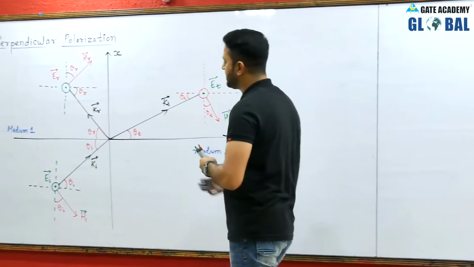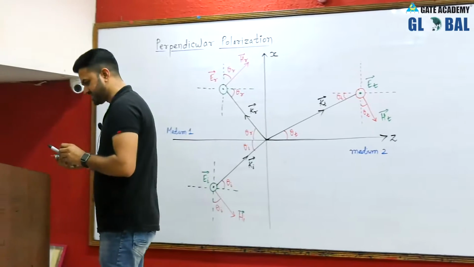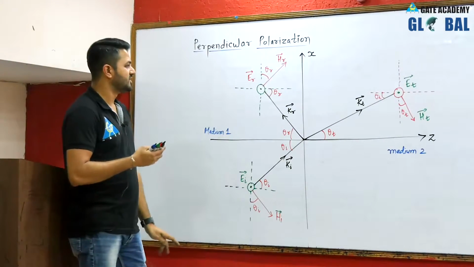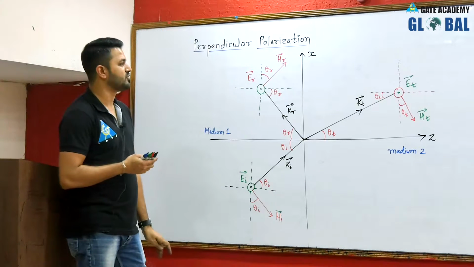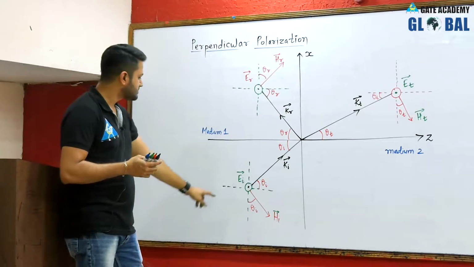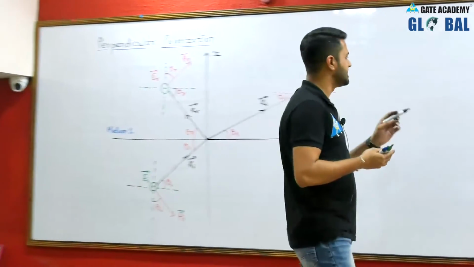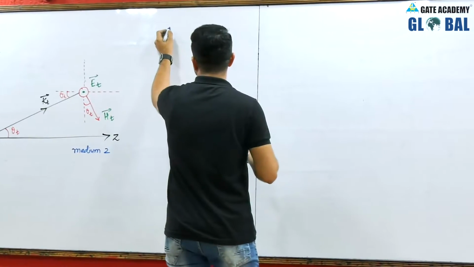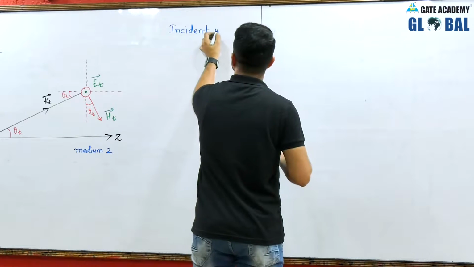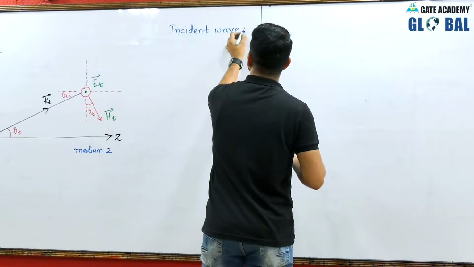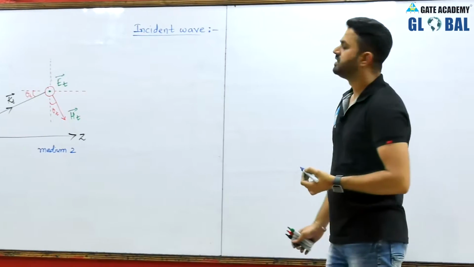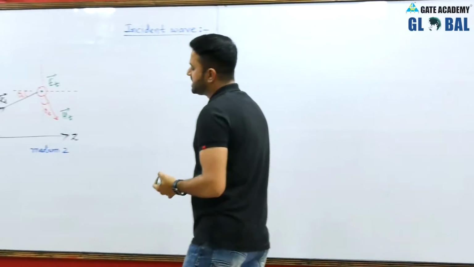Now we have to write the incident wave, the reflected wave and the transmitted wave, and derive the equation of the reflection coefficient and the transmission coefficient for perpendicular polarization. So let's write the equation for the incident wave.